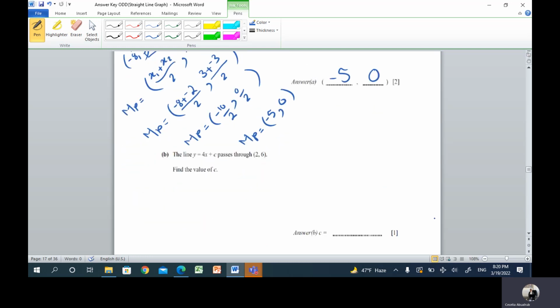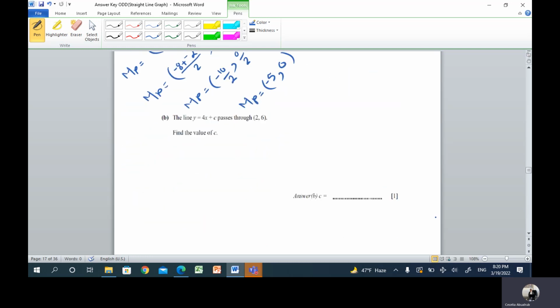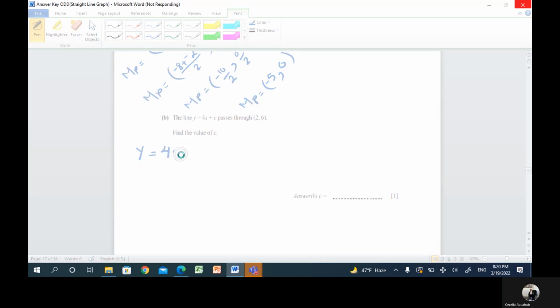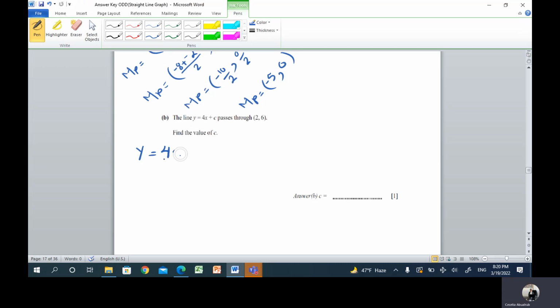The line y = 4x + c is passing through (2, 6). So we have this line y = 4x + c, and it's passing through (2, 6).